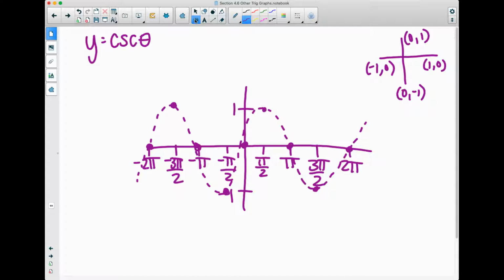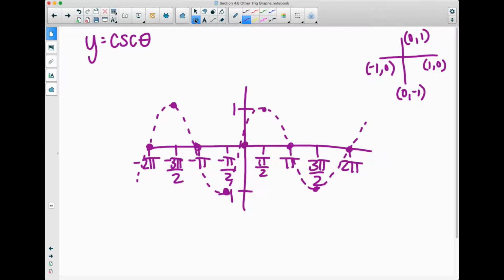Okay. So then from there, if sine is cosecant flipped, what would that tell you about everywhere we're crossing the x-axis? What do we end up dividing by? 0 makes it undefined.